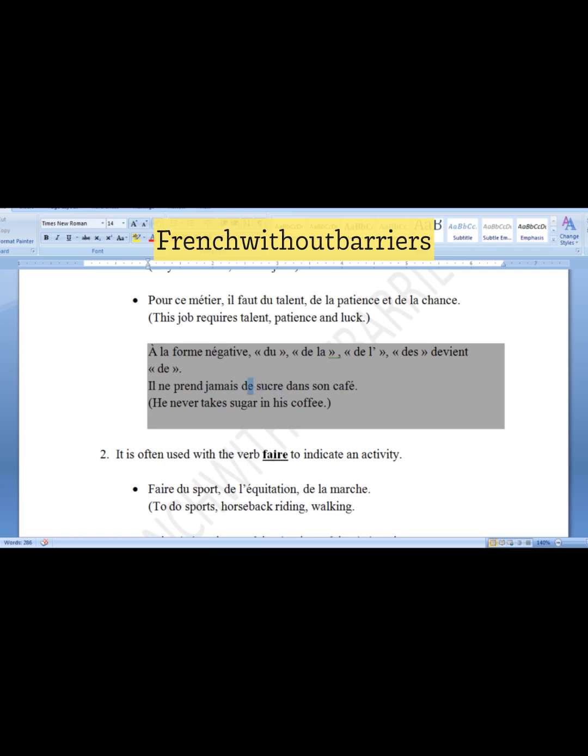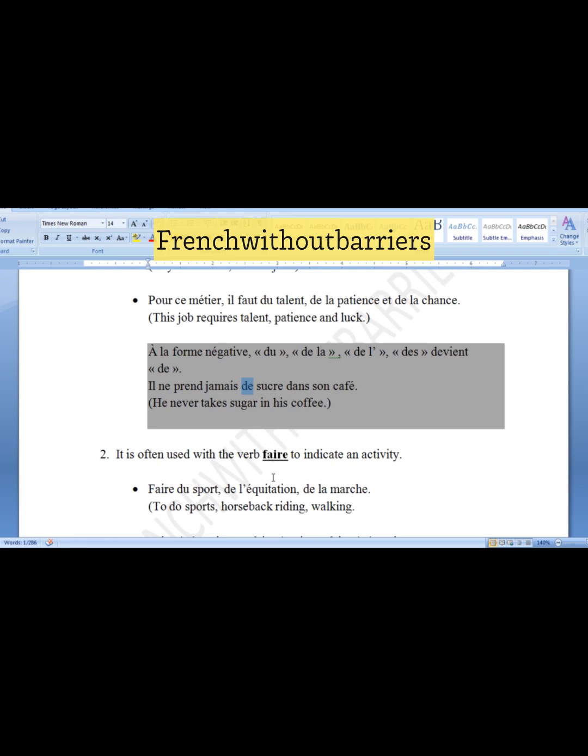The partitive article has changed to de here, because this verb has been negated, and the negation being used here is ne jamais. So please keep in mind, guys, à la forme négative, du, de la, de l' apostrophe, deviennent de ou d' apostrophe.